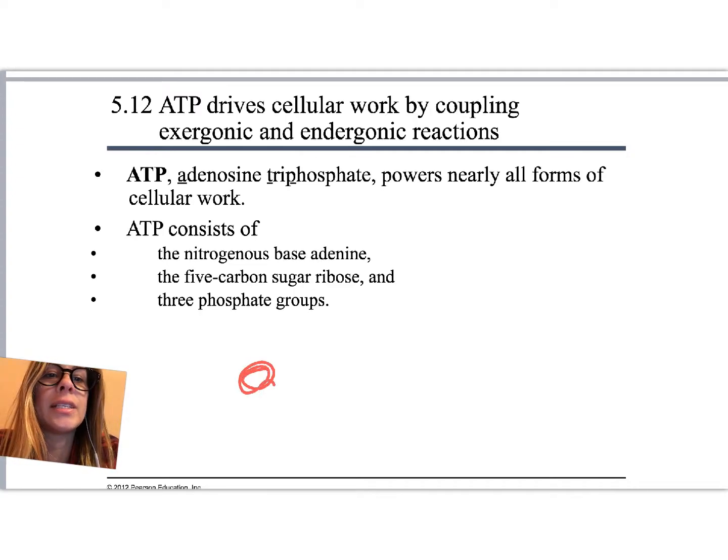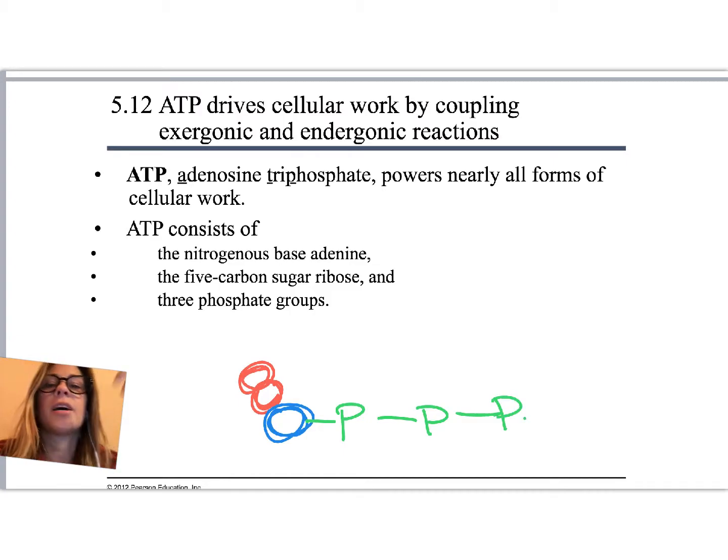So it has a little nucleotide like you find in DNA pretty much. It also has a little sugar, and then it has 3 phosphates, okay? So the deal with phosphates is they're really high energy bonds, okay? So they're great for storing and transferring chemical energy, all right?